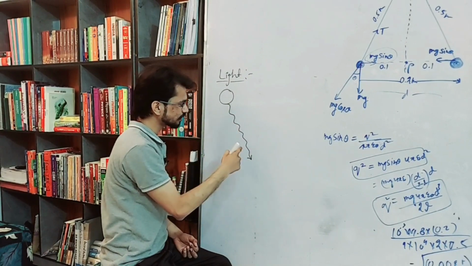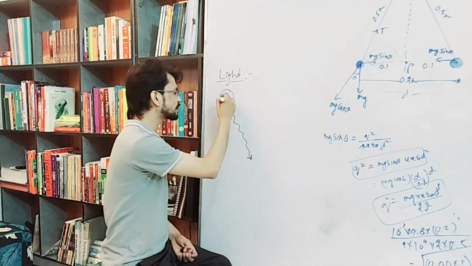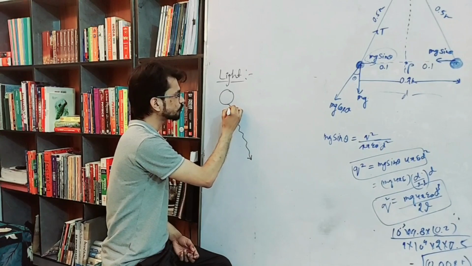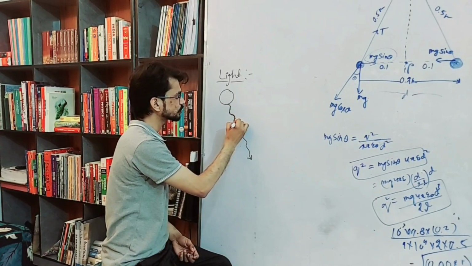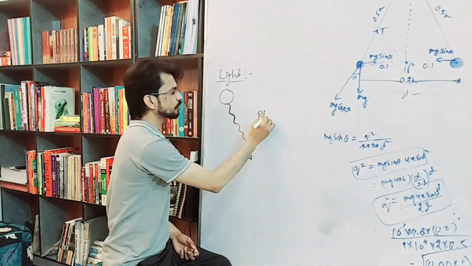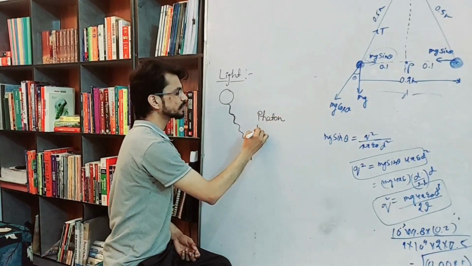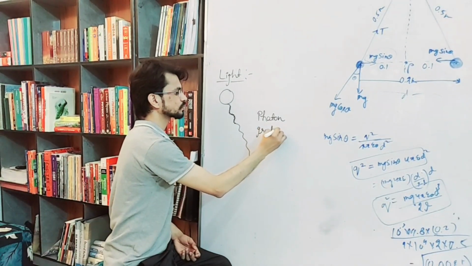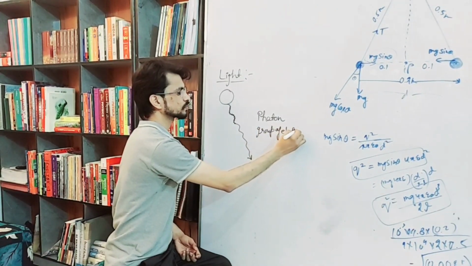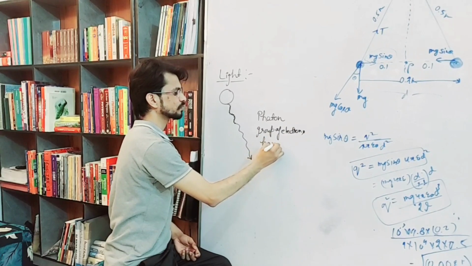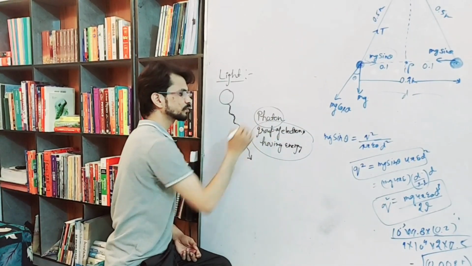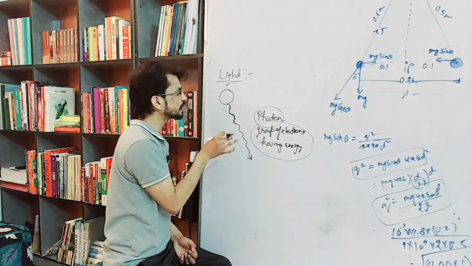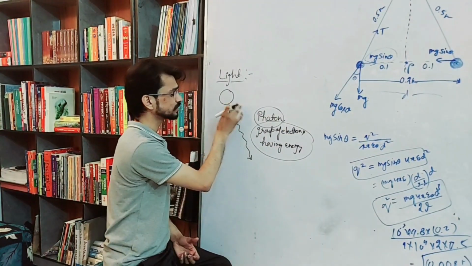Let's say this is a light wave, and this light wave is nothing but a series of continuous photons. So what exactly is a photon? A photon is a group of electrons having the same energy. This is exactly what is meant by a photon, and light always comes in the form of photons.